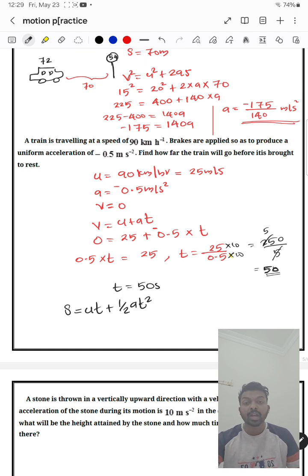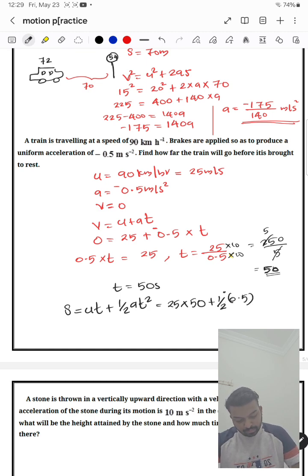S is equal to ut plus half at square, where u is how much? U is 25, into 50, isn't it? 25 into 50, and plus half into a. A is equal to minus 0.5, into again 50 square.